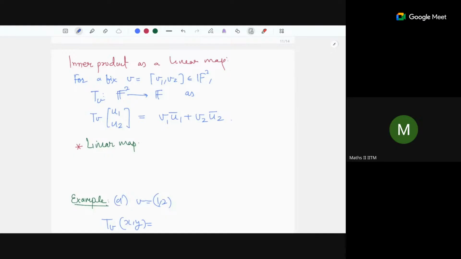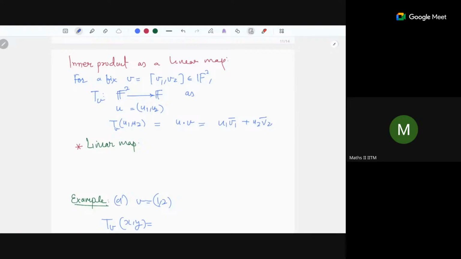Let me rephrase the definition. You define a linear map like this. You take a vector u, which is u1 comma u2, and you map u1 comma u2 by v into this u dot v, which is nothing but u1 v1 bar plus u2 v2 bar.